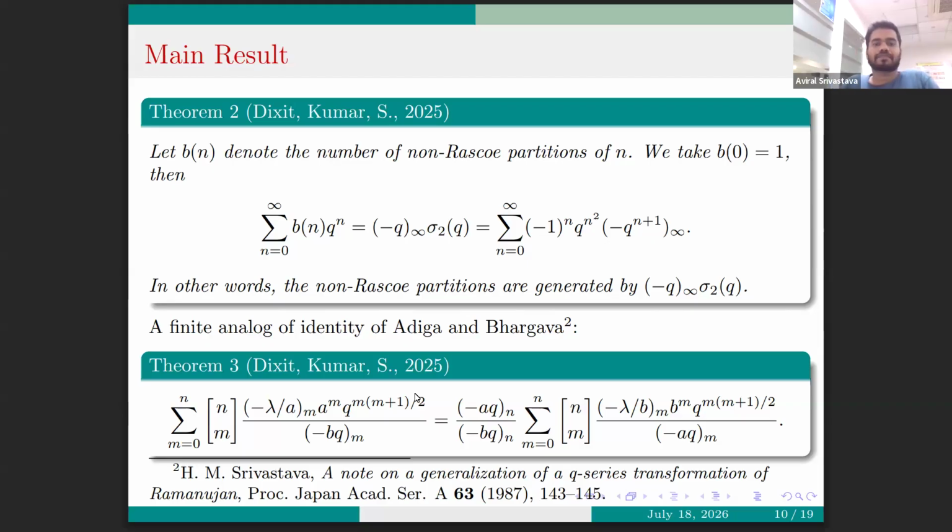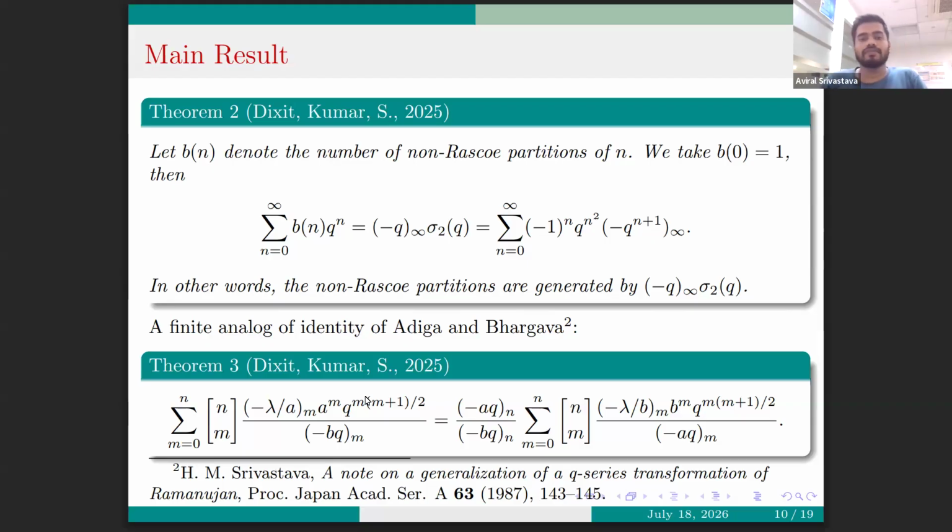So the connection is, if B(n) denotes the non-Rascoe partitions of n, then its generating function is nothing but minus q infinity times the sigma 2 function, which was our rank parity function associated to Rogers-Ramanujan partitions. So this sigma 2 and non-Rascoe partitions are very nicely connected to each other.